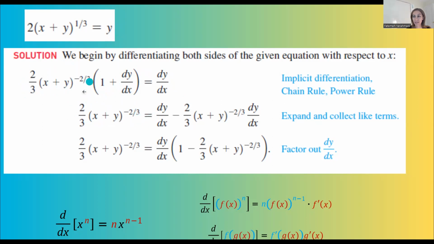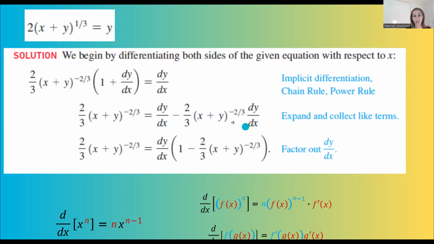And you're going to bring the other term, which is multiplied by dy over dx, to the right-hand side, because we're going to group these together and write dy over dx or y prime. This is our goal.